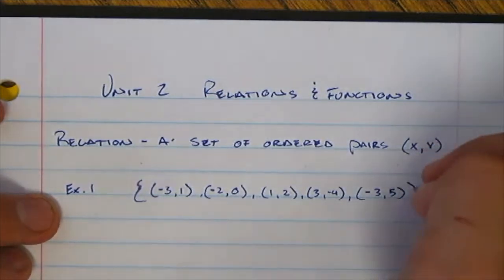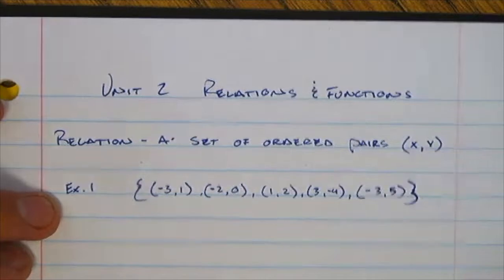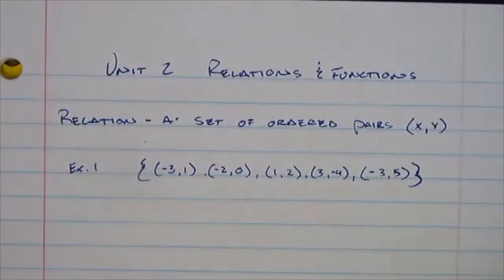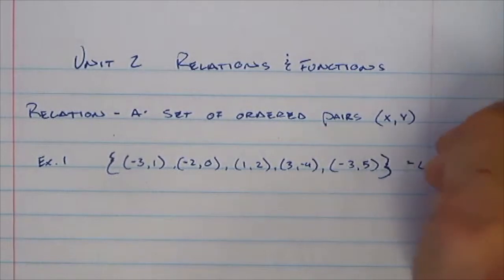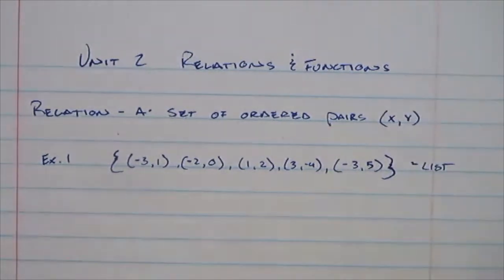Close that out. All right, so this would just be our list. That's what we would just call a list. They're just listed out, no particular order, just in a list.